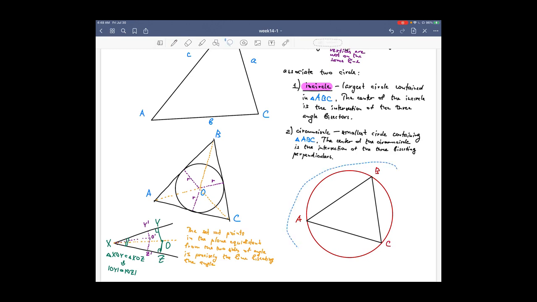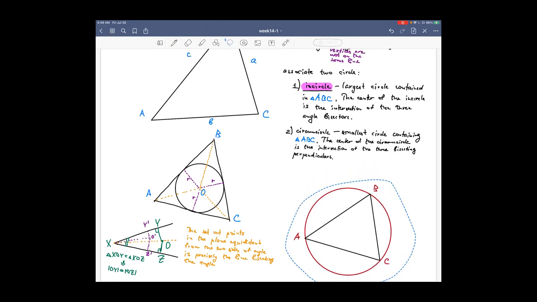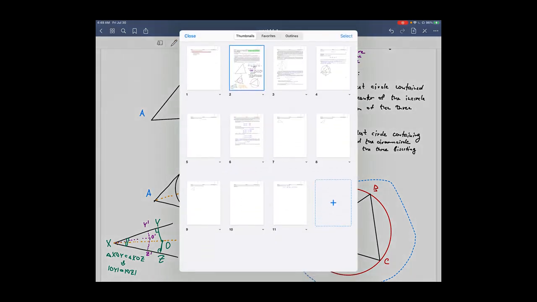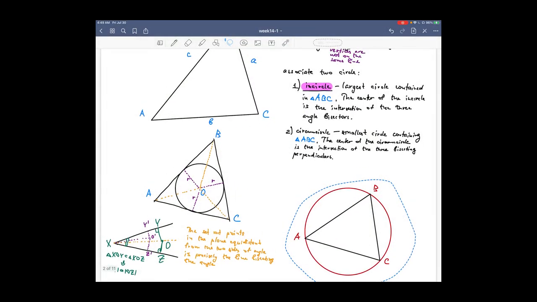Also, I should note that the circumcircle, maybe I should add a page and move all that to the next page.